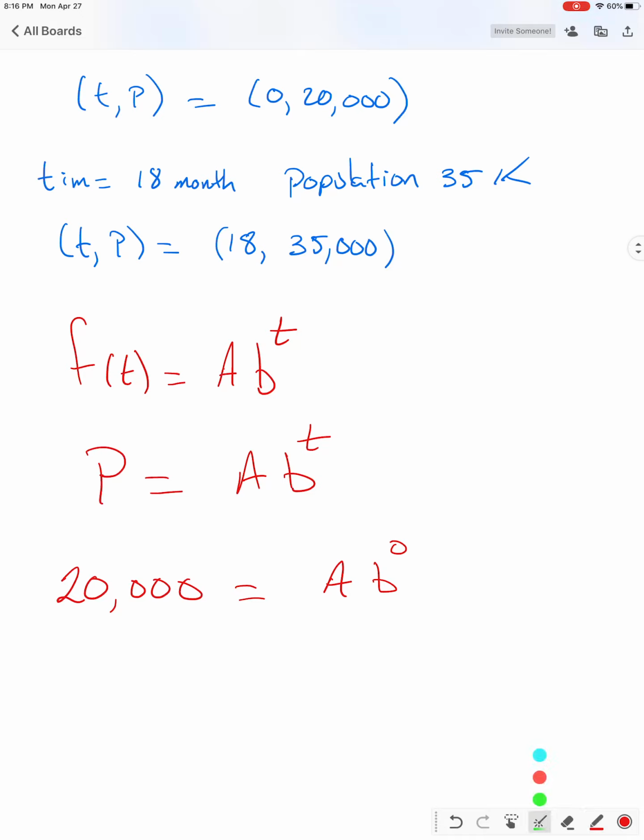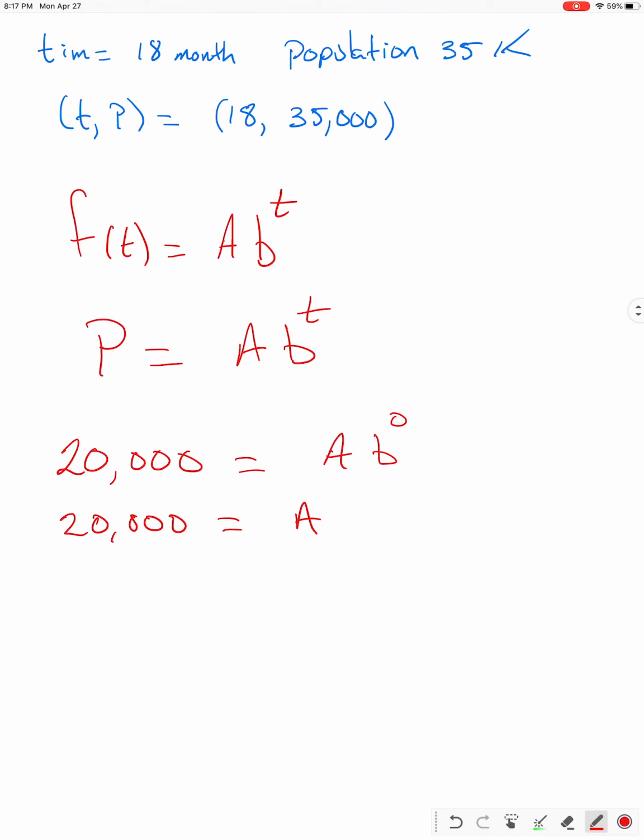I'm getting that from this first condition we're told: t is 0, and the population is 20,000. When I solve this, remember that b to the 0 equals 1. And so I have 20,000 equals a times 1, or 20,000 equals a.